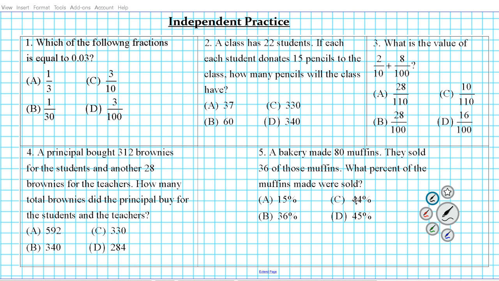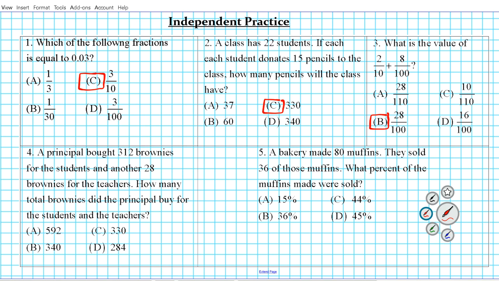Alrighty, welcome back. So hopefully you had a chance to try out these problems. Here are the answers to the practice test. For number 1, the answer is option letter C. For number 2, the answer is 330, option C. For question number 3, the answer is option letter B, 28 over 100.